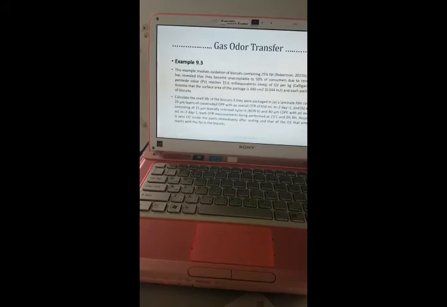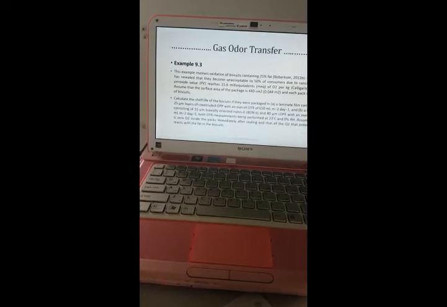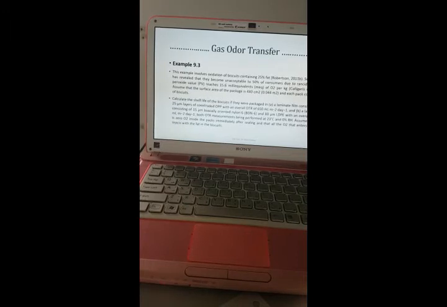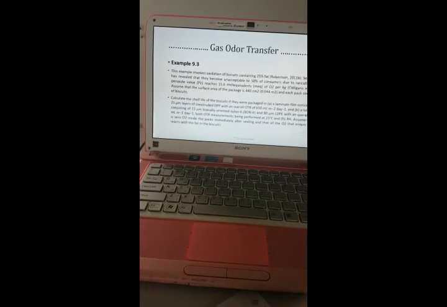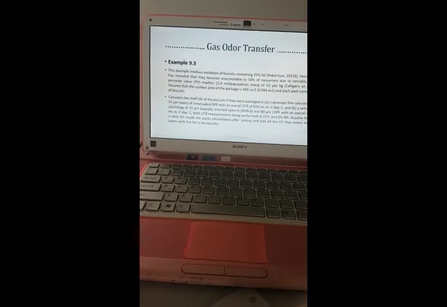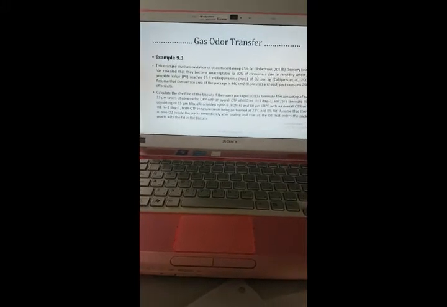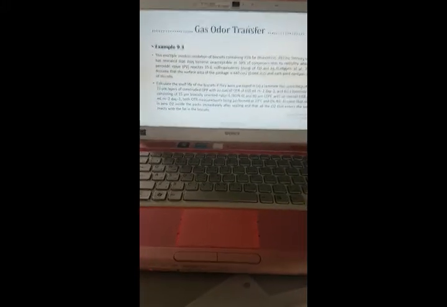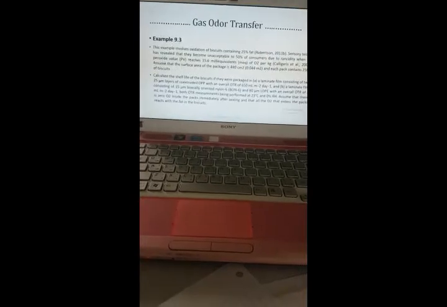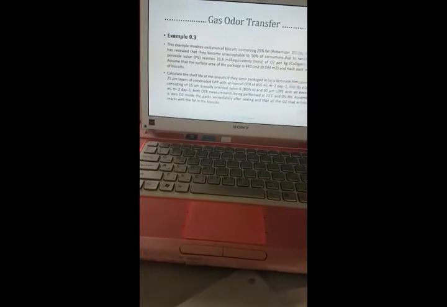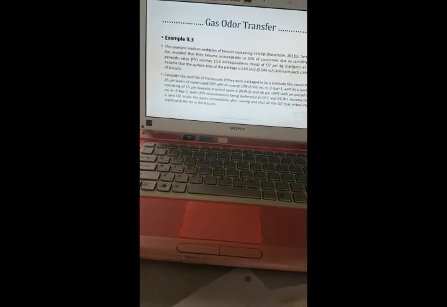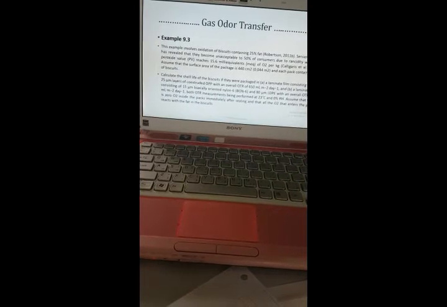And the second case, if they are packaged in a laminate film consisting of 15 micrometer biaxially oriented nylon and 18 micrometer low density polyethylene. So in case B they are sandwiched, and in case A they are co-extruded together, with an overall oxygen transmission rate of 2 milliliter per meter squared per day.